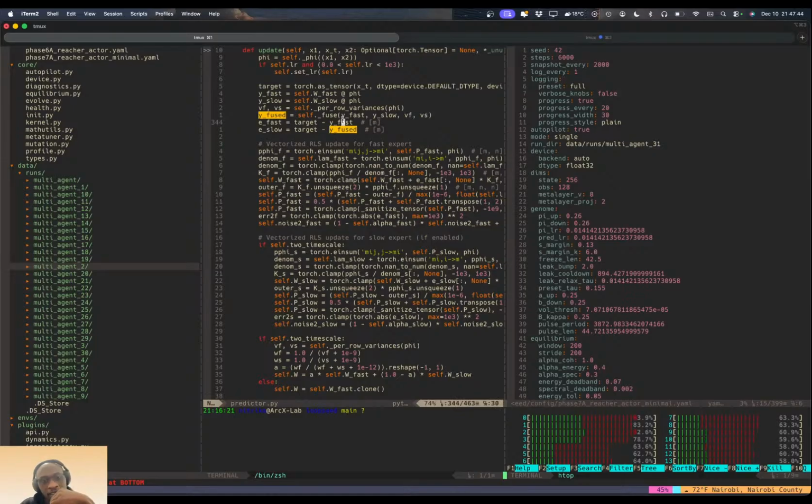Also, we have y fast. This is just how fast y predictor learns, and then y slow, x, sorry, x.